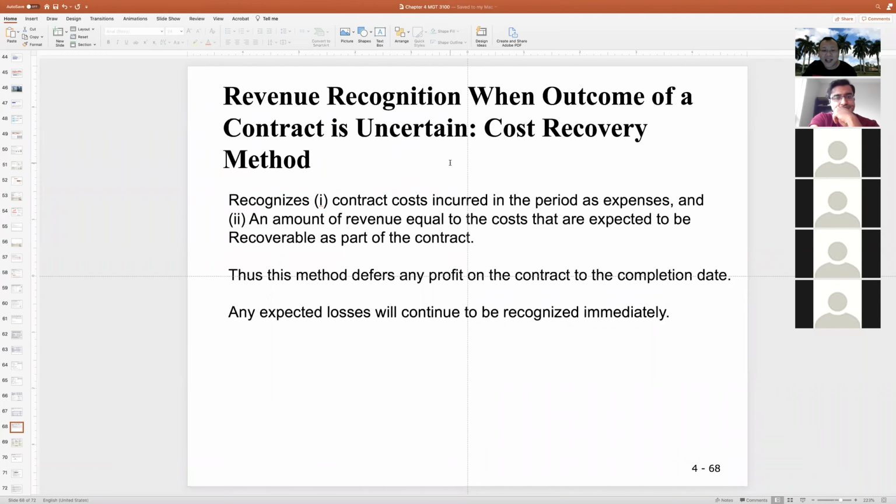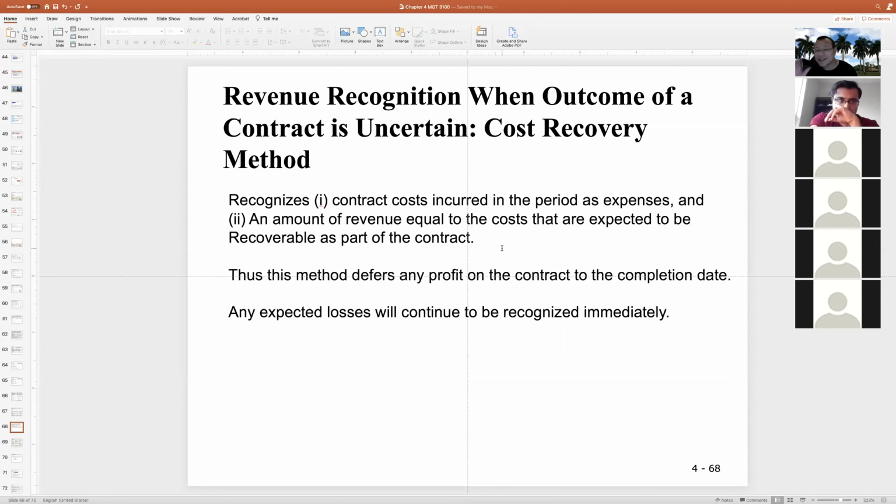Normally you would recognize the contract cost as part of your assets, but in this case, you just expense the contract cost right away. And then you recognize revenue only to the amount of the cost. So do not recognize gross profit. When you debit cost of sales and credit revenue, these two numbers are equal, so you do not have a gross profit.